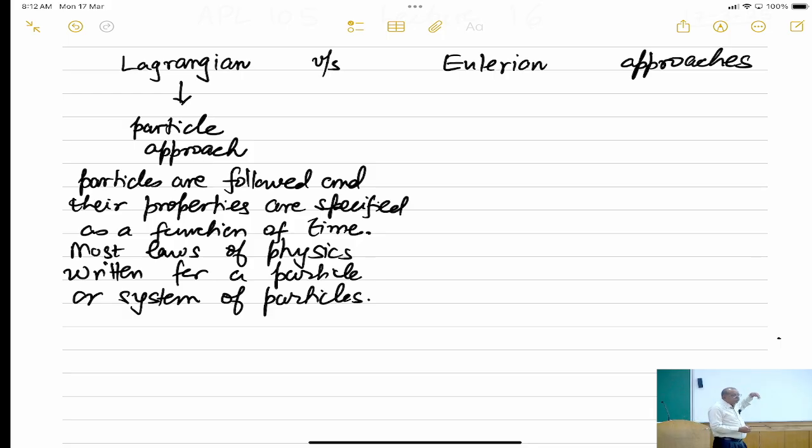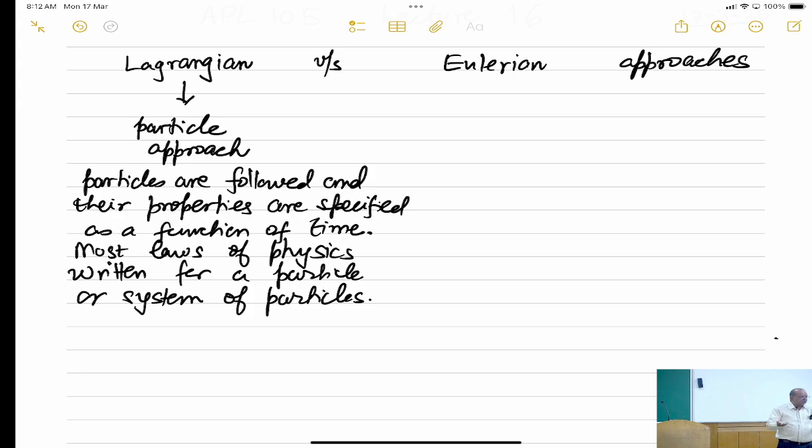What's the rate of change of momentum of a particle? Rate of change of momentum of a particle is equal to the sum of external forces being applied on that particle.